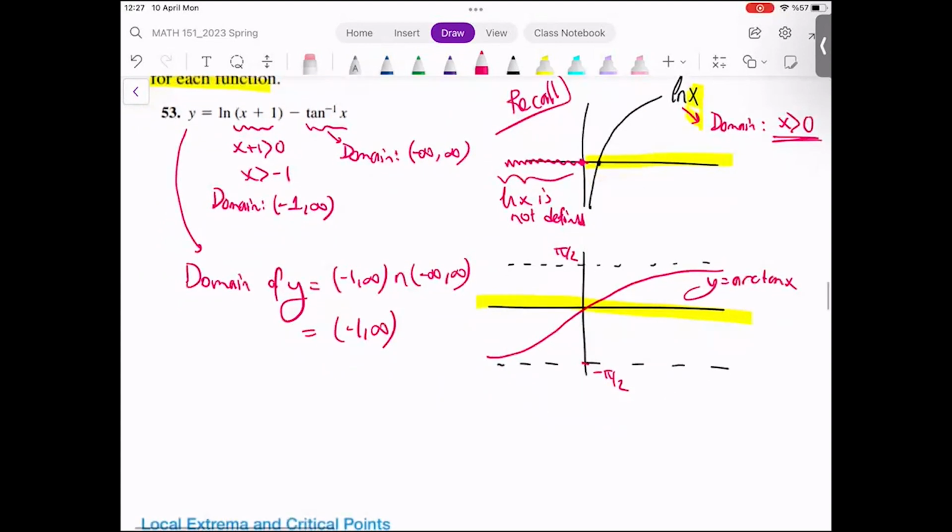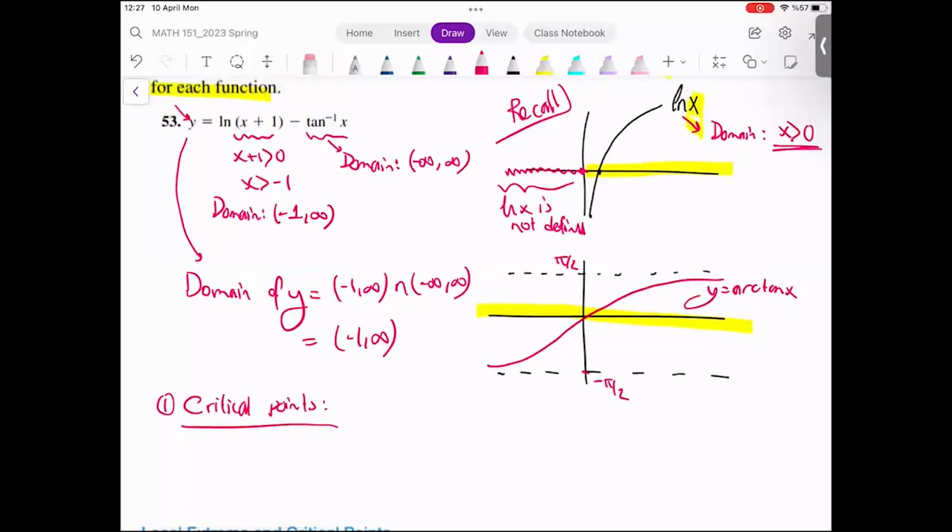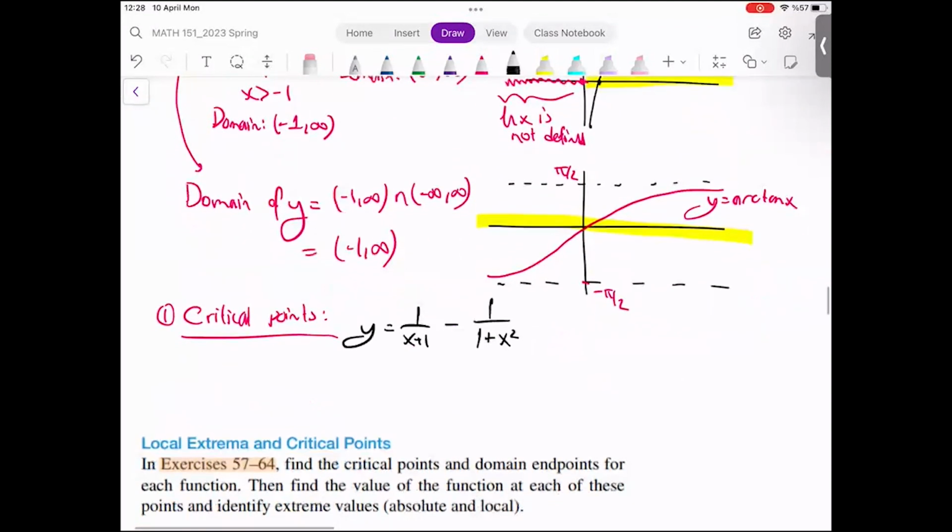Now, we can start computing critical points. You see the y function here. Let's take the first derivative. The derivative of ln(x plus 1) is 1 over x plus 1, minus, what is the derivative rule for arctangent? We covered it last week, I guess. 1 over 1 plus x squared. Okay, this is the derivative rule for arctangent, and this is the first derivative function.